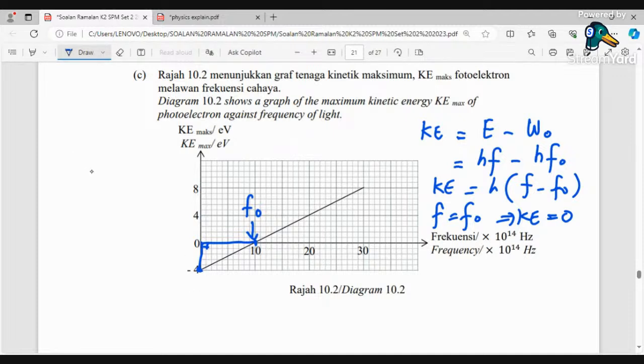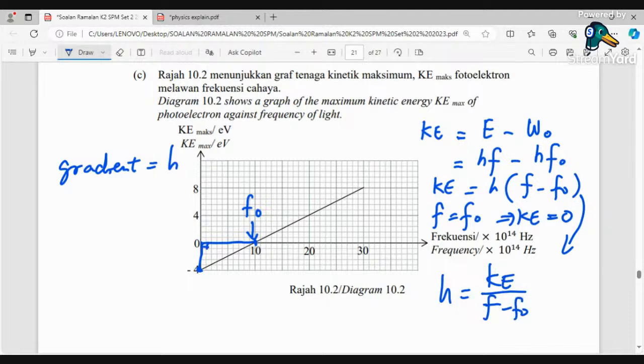Okay, untuk graph Ke against F, gradient ialah Planck constant. Okay, dari sini ya. H ialah Ke divided by F minus FO. Okay, jadi gradient ialah Planck constant. Kalau kita guna bahagian ni untuk calculatekan dia punya value ataupun to determine what is this.